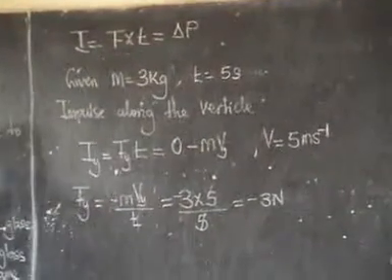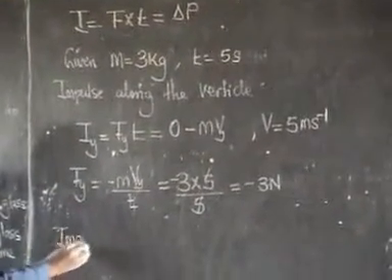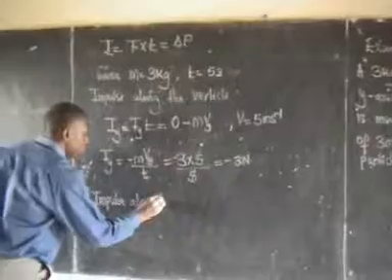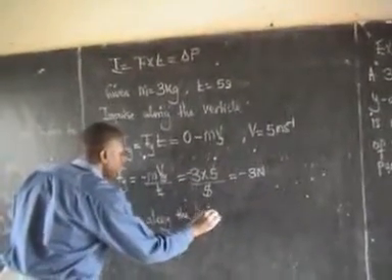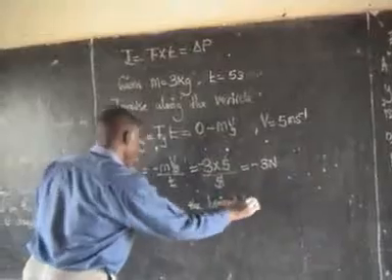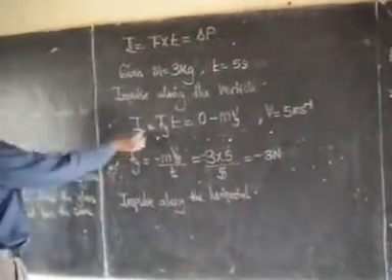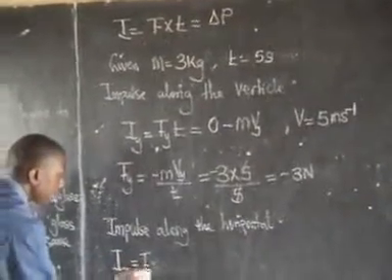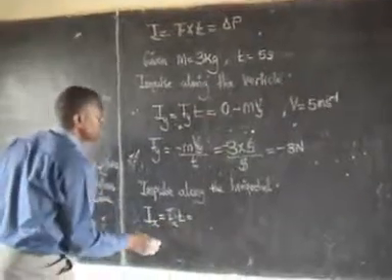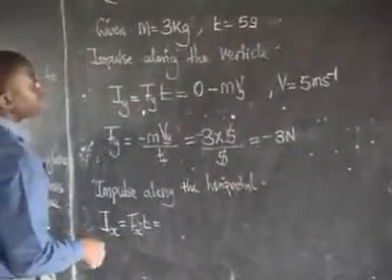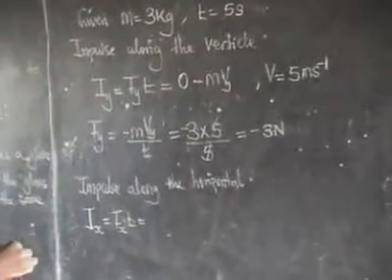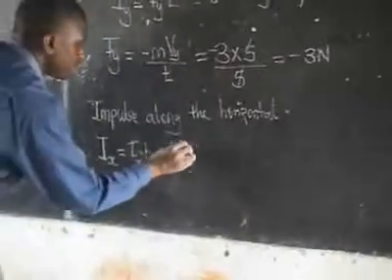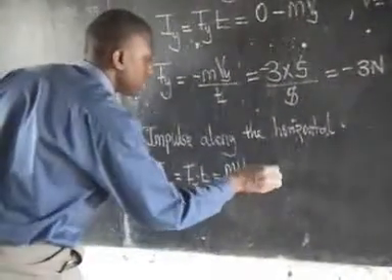So impulse along the horizontal, again using the same tool, Ix will be equal to Fx t, which is equal to the change in momentum along the horizontal. So we shall have 3, the mass, m vx minus 0.